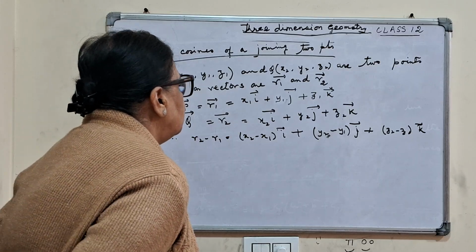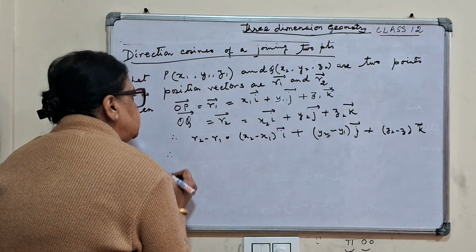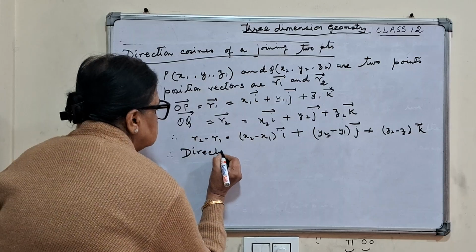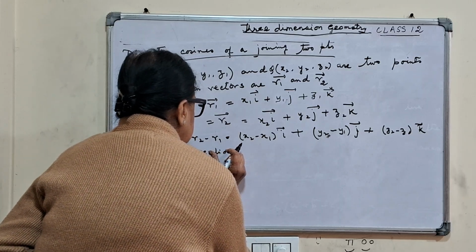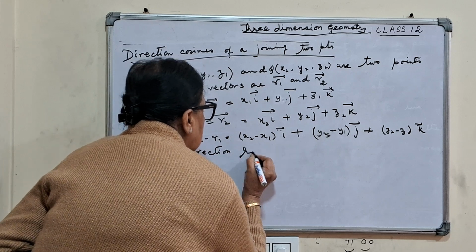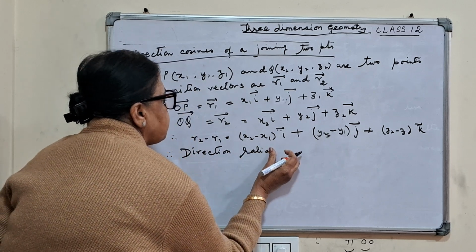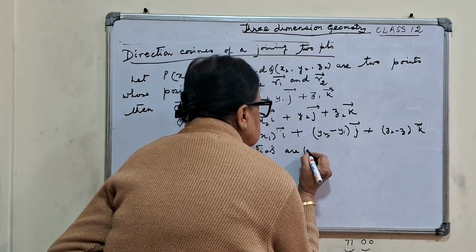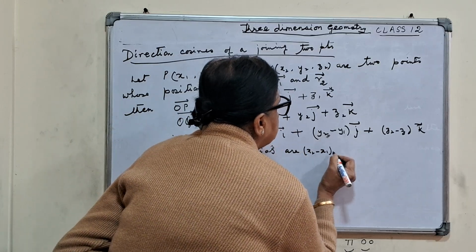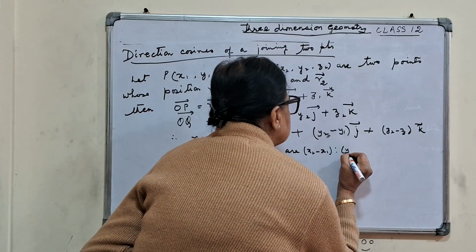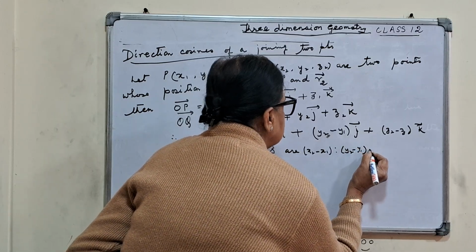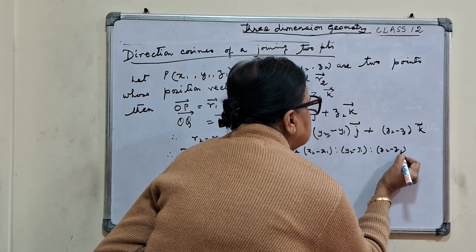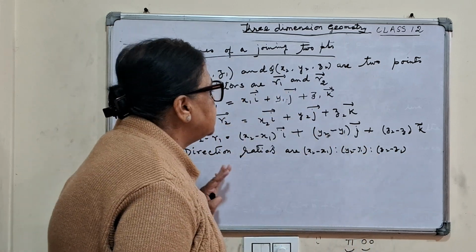So therefore, the direction ratios are x2 minus x1, y2 minus y1, z2 minus z1.